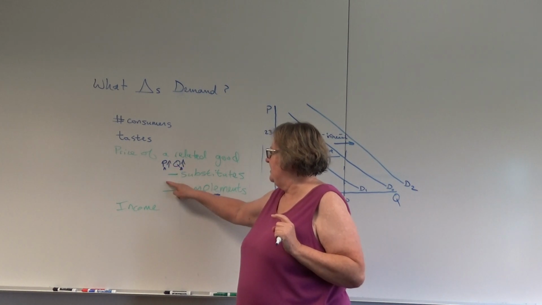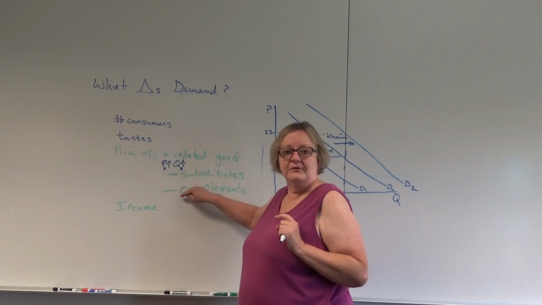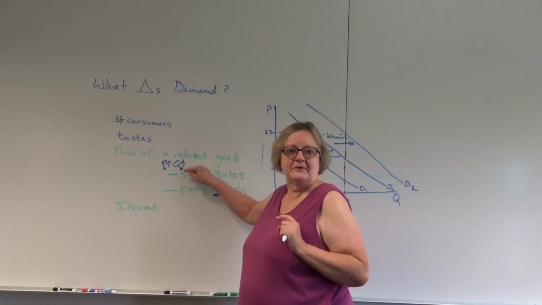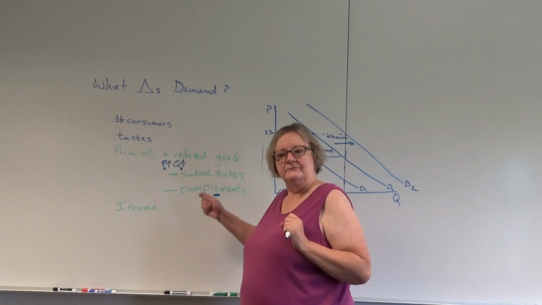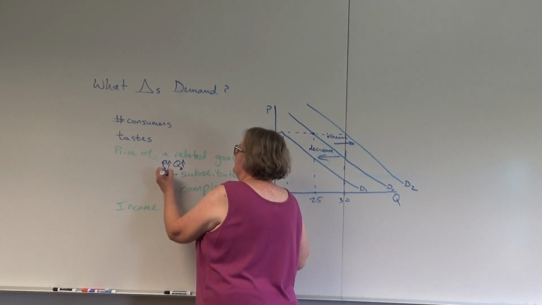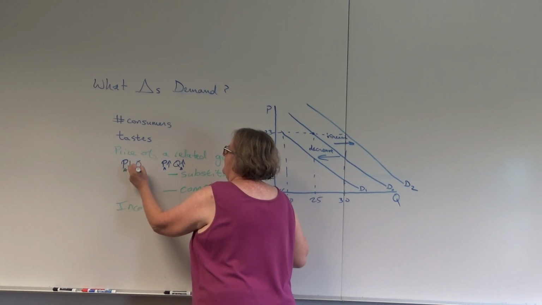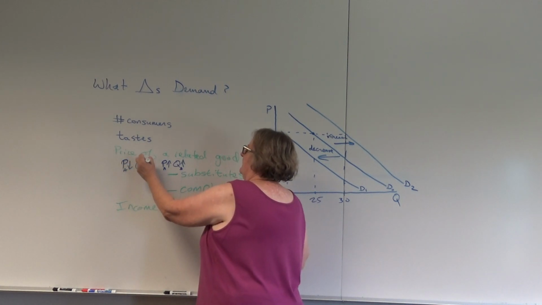So one goes up, the other goes up. When Pepsi gets really cheap, we buy less Coke, right? So the demand for Coke falls. Pepsi's cheap, we buy less Coke. So it would go the same direction again. Price of one falls, the quantity of the other falls.